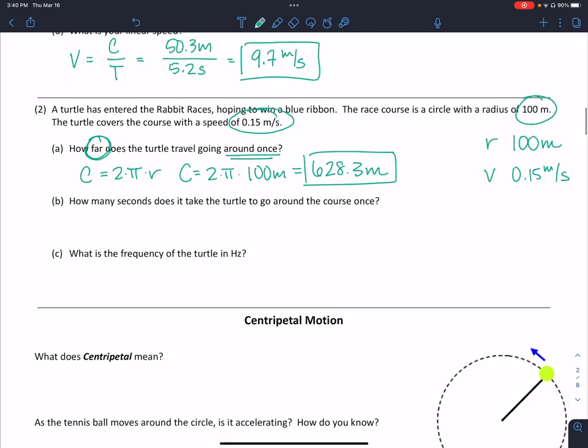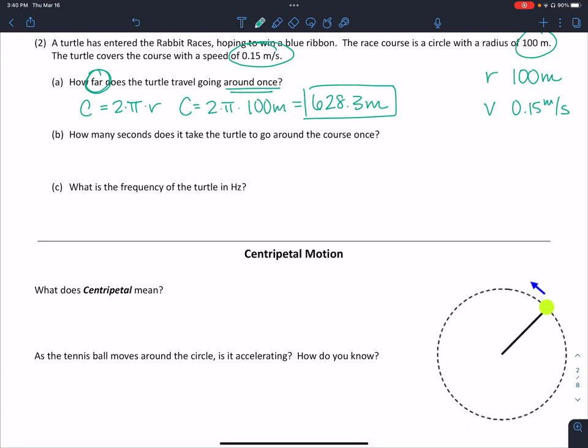All right, now it wants to know how many seconds it would take the turtle to go around the course once. As soon as you see one time around, you know that that is our period, which is our big capital T, and we know that the speed is equal to circumference divided by that period.